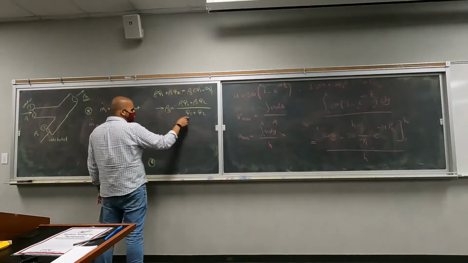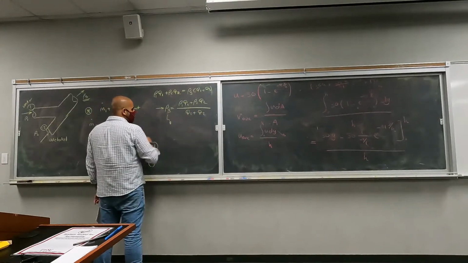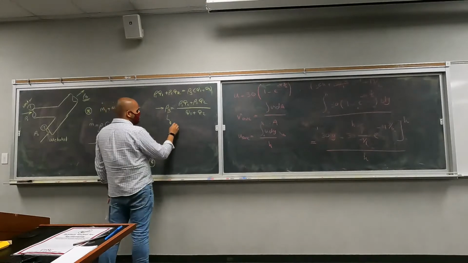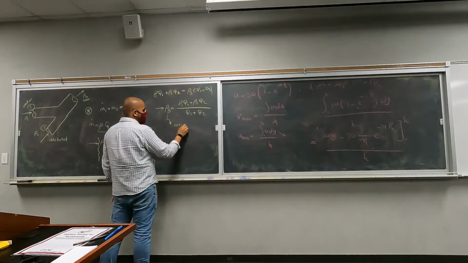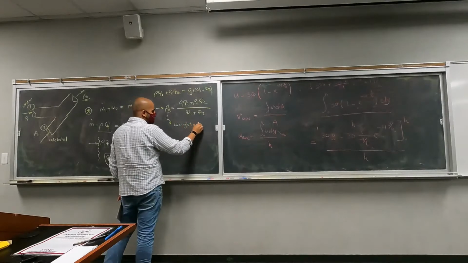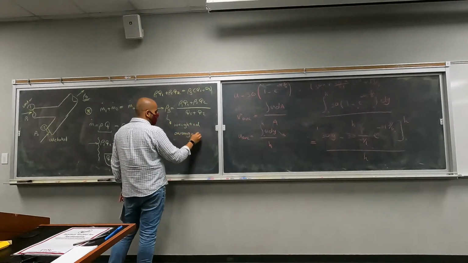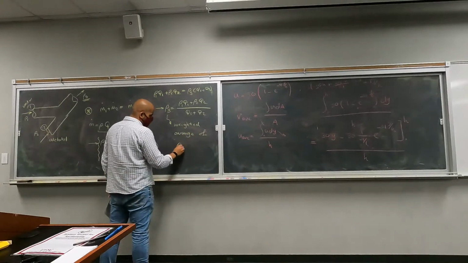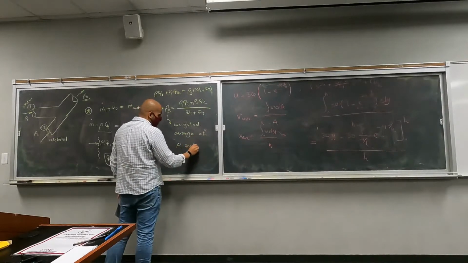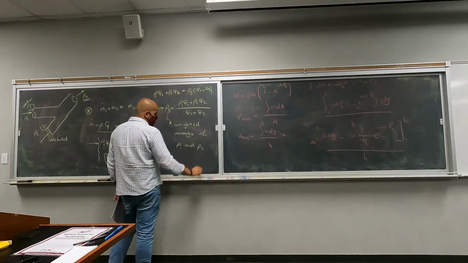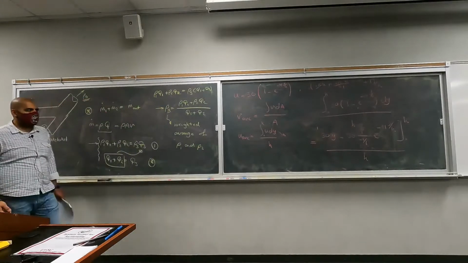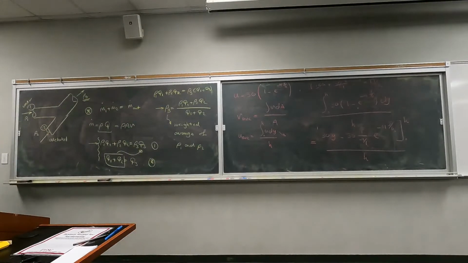What does this tell you? It tells you that this rho 3 of a mixture is going to be the weighted average of rho 1 and rho 2, and the weights are going to be the flow rates of each pipe.